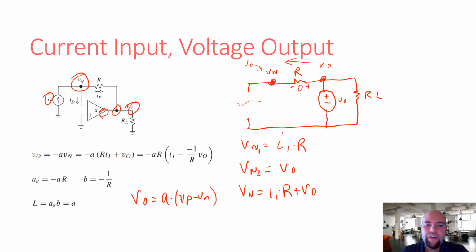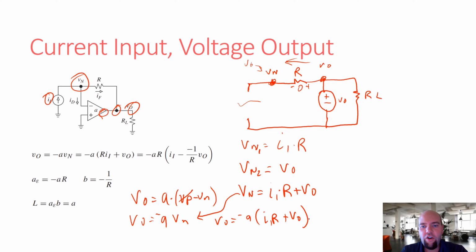So Vp now is going to be 0. So V out equals negative A times Vn. And plugging in Vn, we have V out equals negative A times I1 R plus V out.